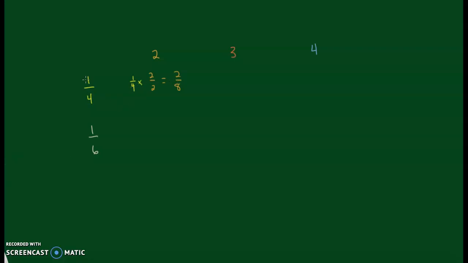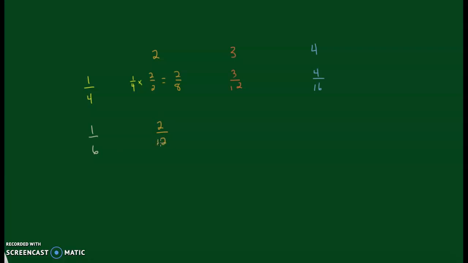If we continue that, 1 times 3 is 3, and 4 times 3 is 12. So 3/12 is equivalent to 1/4. And then 1 times 4 is 4, and 4 times 4 is 16. So 1/4 is equivalent or the same as 4/16. Okay, if we do the same thing with 1/6, 1 times 2 is 2, and 6 times 2 is 12.